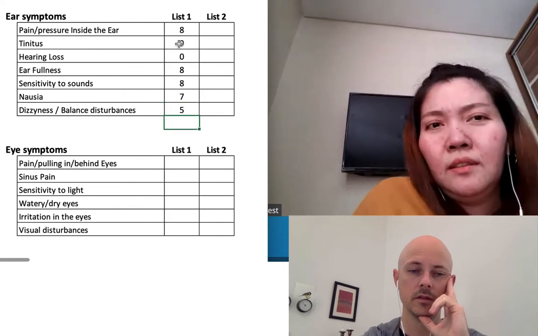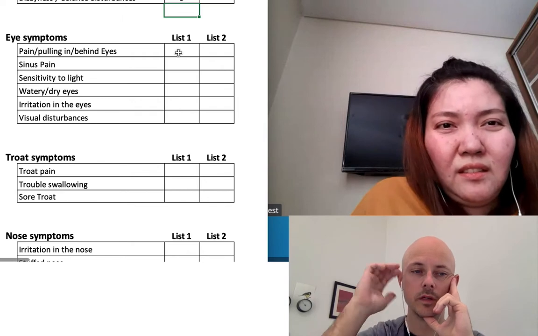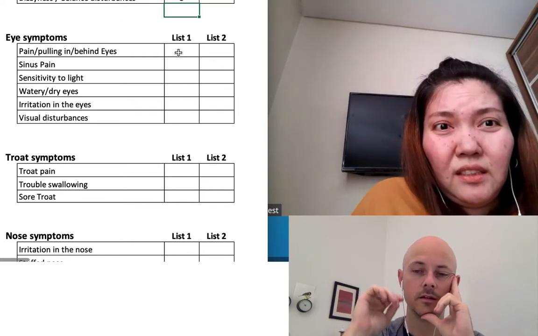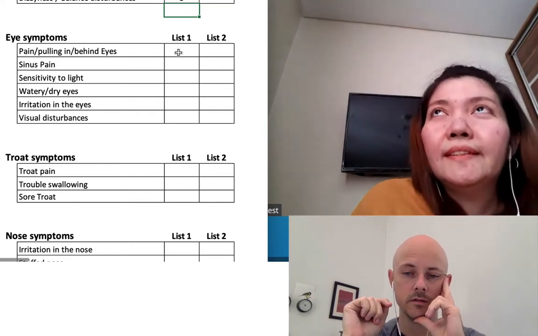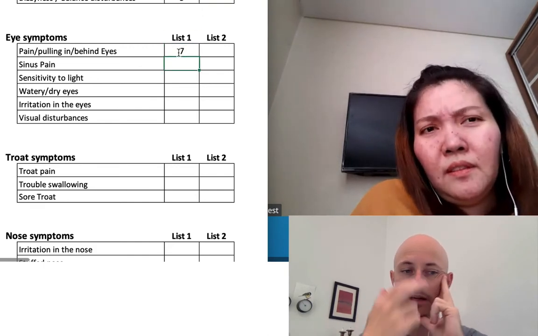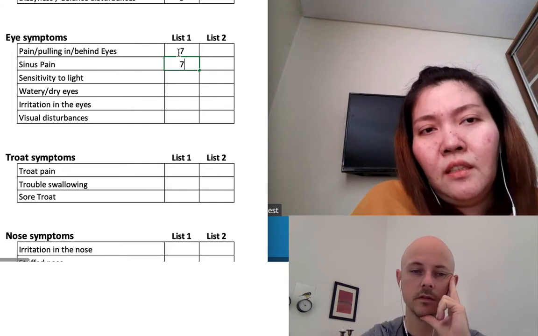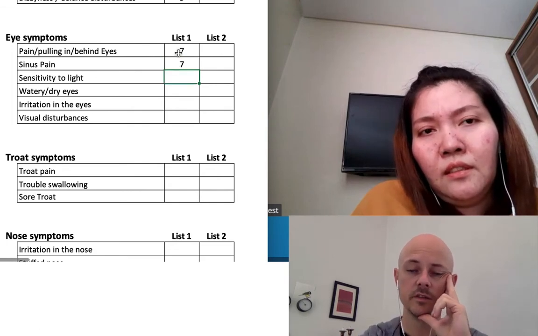And then we have some eye symptoms, and the first one is pulling or pain behind the eye. 7. And then we have sinus pain, so in here. 7. And then sensitivity to light.